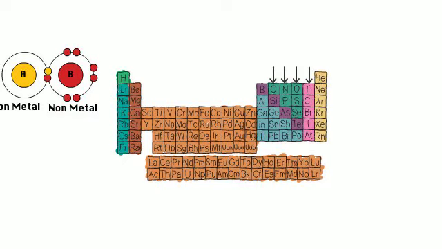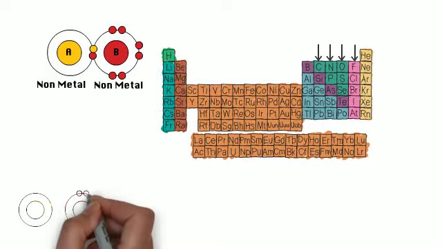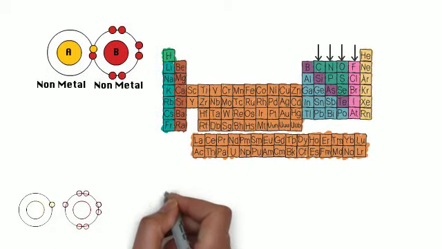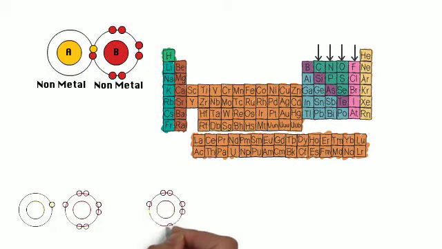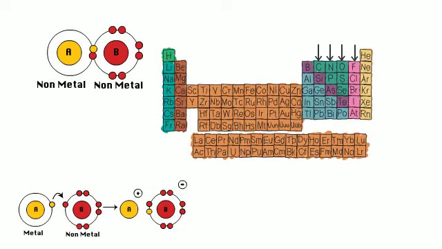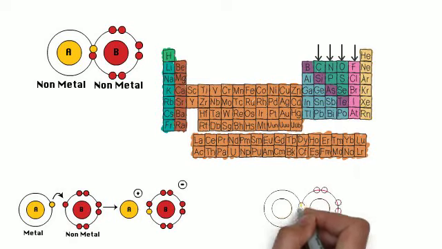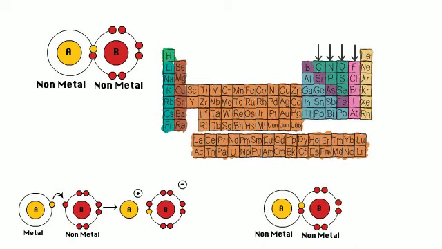So, when given a compound and asked to name it, it is very important to first be able to identify the type of bond in the compound. That is, is it an ionic bond or a covalent bond? Knowing that will help you in determining the rules to follow when naming the compound.